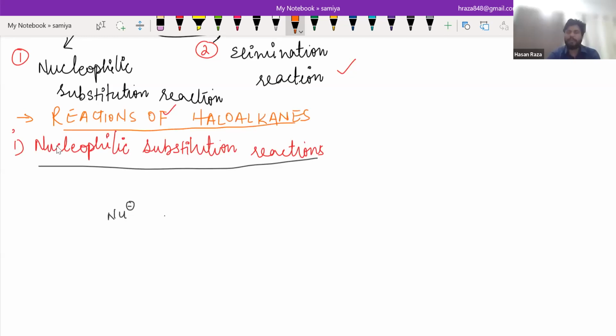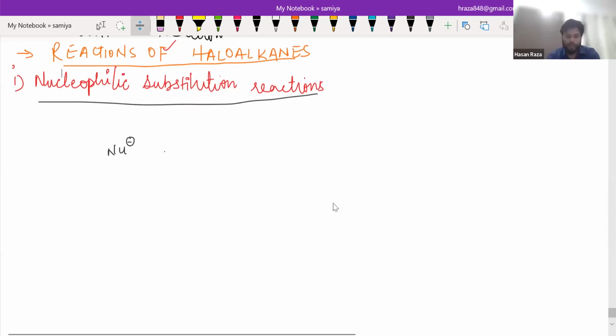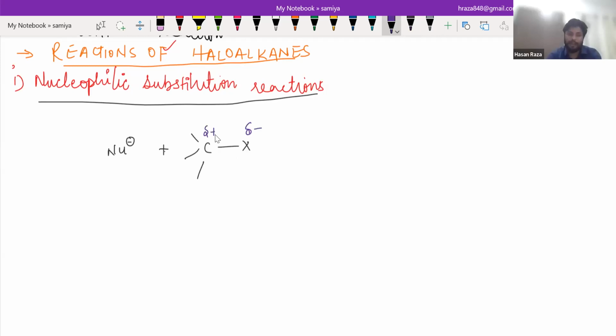Now you can see there will be a nucleophile attack, and we are talking about haloalkanes. So I am going to take an example of a haloalkane. This is X, and we can say this is a haloalkane. X is more electronegative than carbon, that's why there will be a negative charge on X and a delta positive charge on carbon. X will take the electron from carbon since it is more electronegative, and it will form an anion and produce a byproduct.